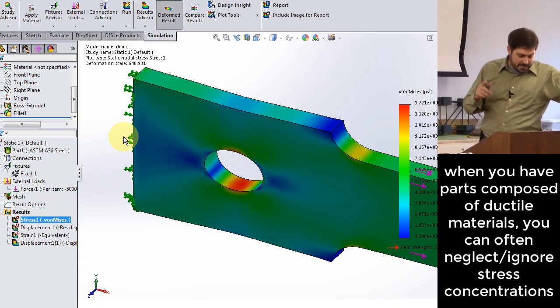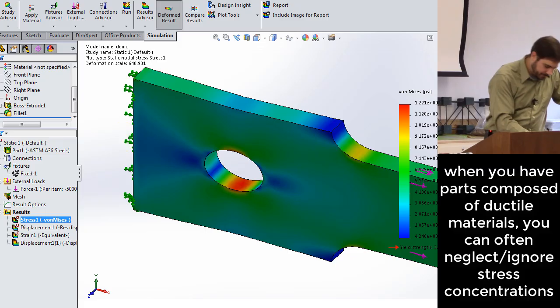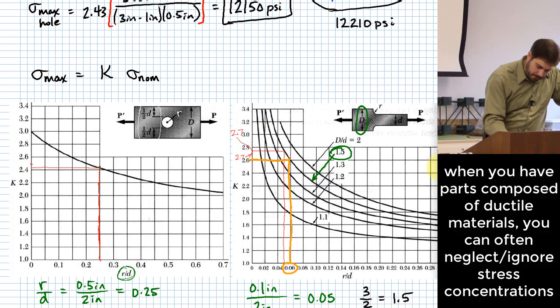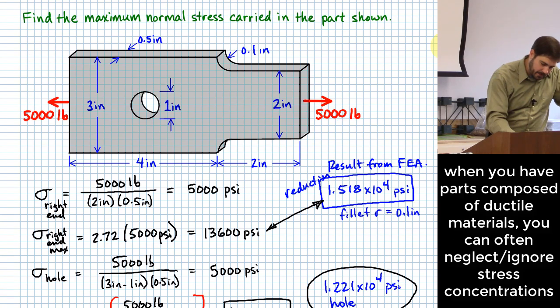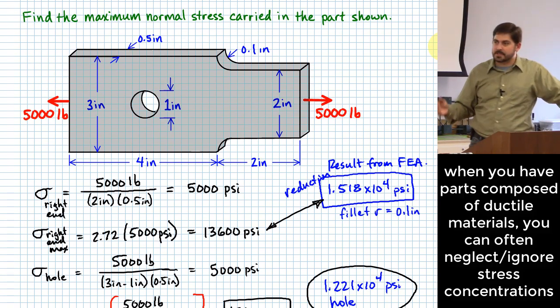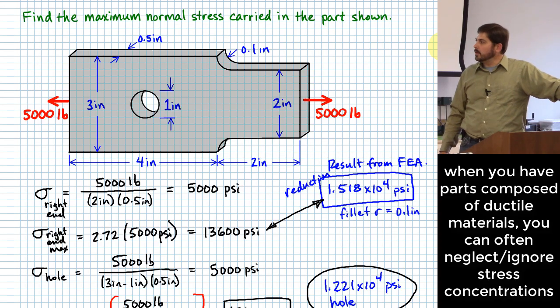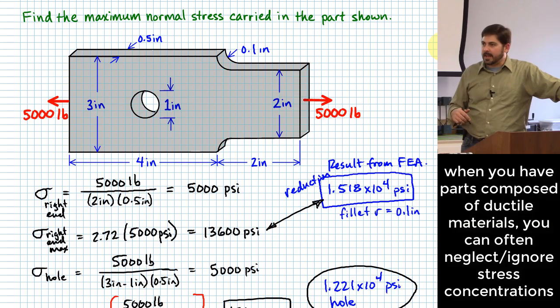All right, one last comment and then I'll let you go. What if this is a structural steel, an A36 structural steel, which means it has a yielding strength of about 36 KSI. And what is the ultimate strength approximately of a structural steel?